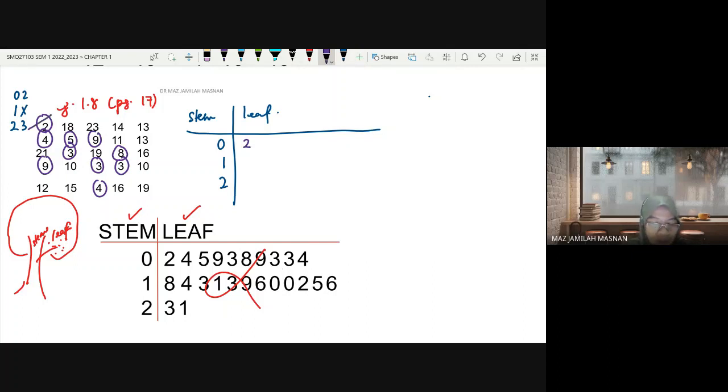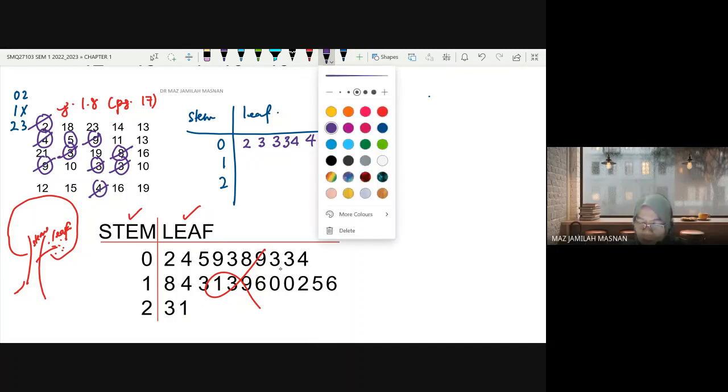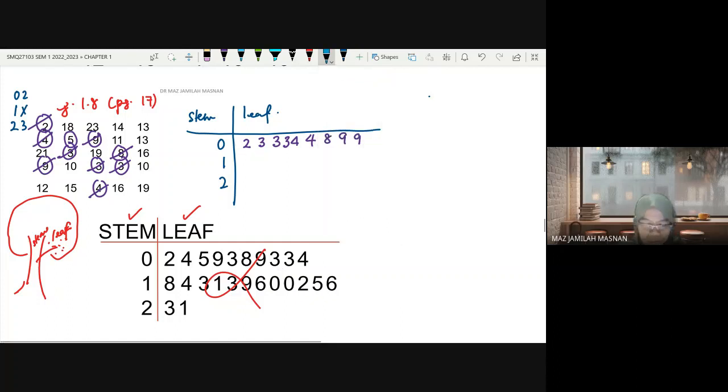Then we have 03, 03. Then 04, you got 4. And then 8. And then 09, you got 9, so 9, 9. And you got 3, 3 here. Complete.